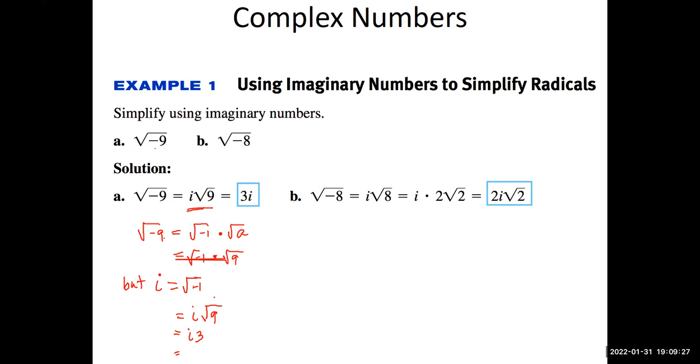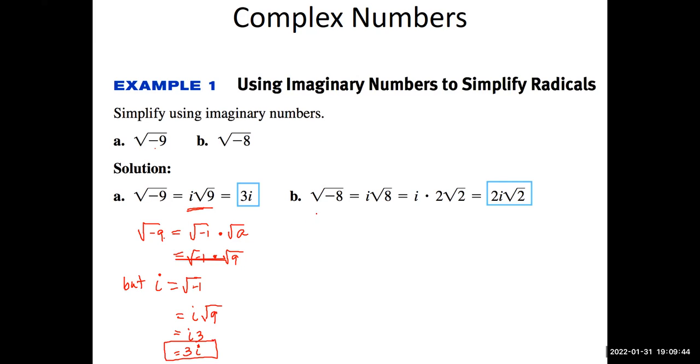Writing that in the standard form, we write first the real number and then the imaginary number, which is I. So therefore, the square root of negative 9 will be equal to 3i.